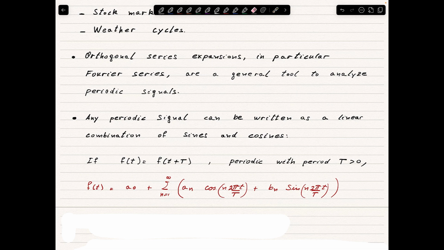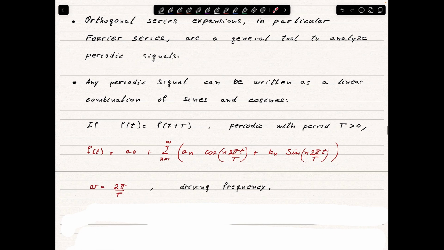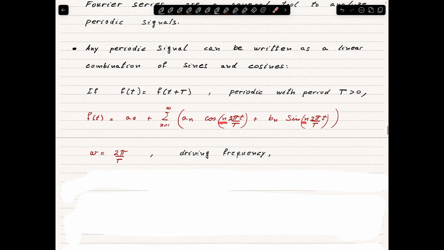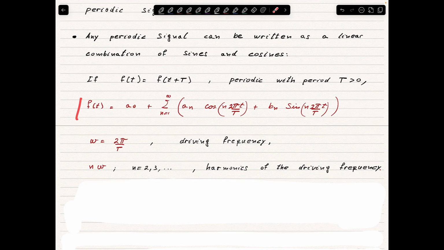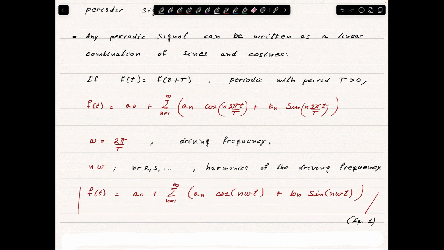That particular frequency is called the driving frequency of the force, and then the force depends on that frequency and multiples of that frequency. The multiples of that frequency are called harmonics of the driving frequency, and we can rewrite this expression in terms of omega simply by replacing that by omega. This is what we have here.